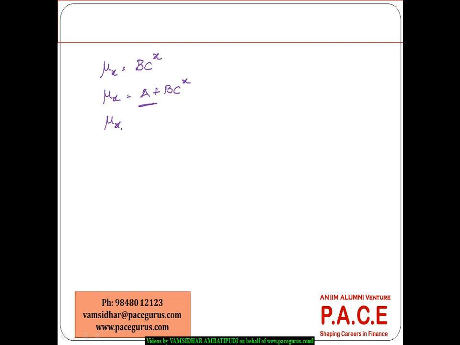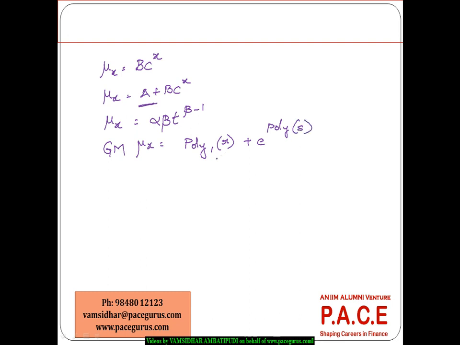Or when I am using a Weibull kind of distribution, the hazard rate mu follows alpha beta t power beta minus 1. Or when I am using a general formula for the Gompertz-Makeham family, mu, the hazard rate, is a polynomial of degree r plus e to the power of a polynomial of some degree s.